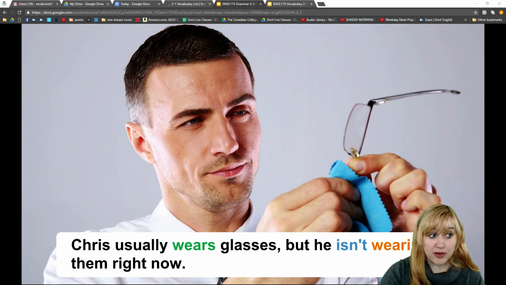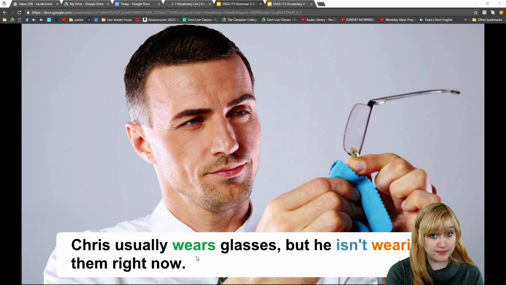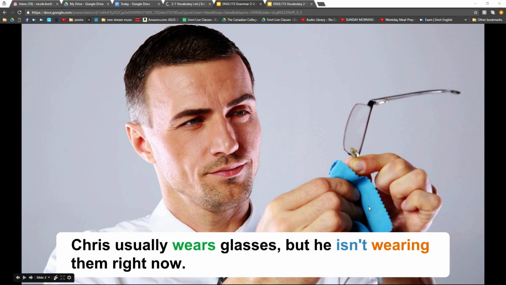You can see that over here in the green color, it says wears. That's an example of present simple, because remember, present simple is just the verb with S or no S for the positive. Over here we have present continuous. The blue and the orange together make present continuous, isn't wearing.